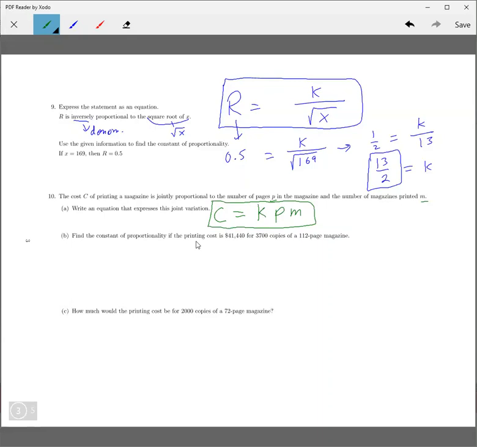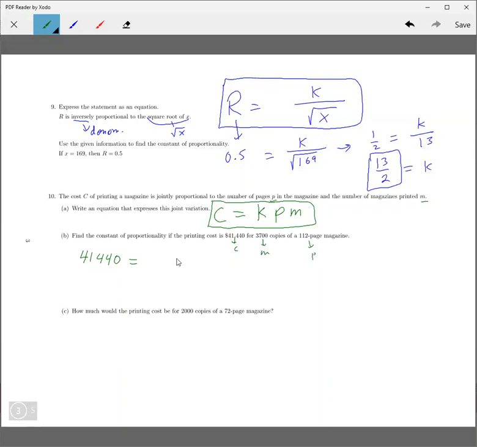Part B, find the constant of proportionality if the printing cost is 41,440 for 3,700 copies of a 112-page magazine. Okay, so here we put in 41,440 for C. The M gets replaced with 3,700, and the P gets replaced with 112.